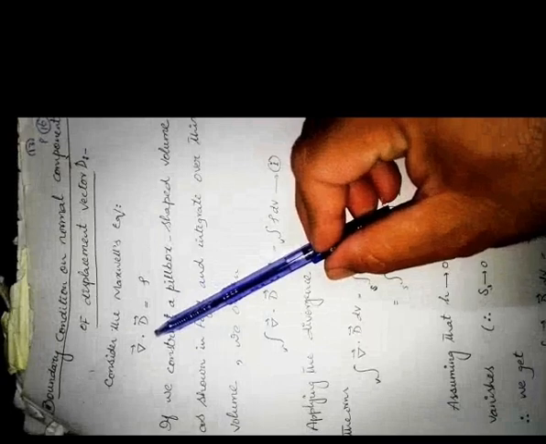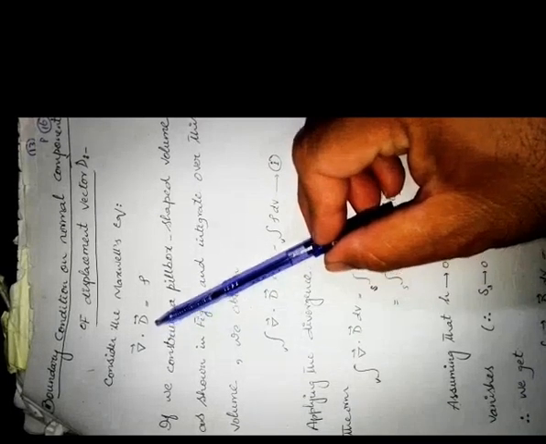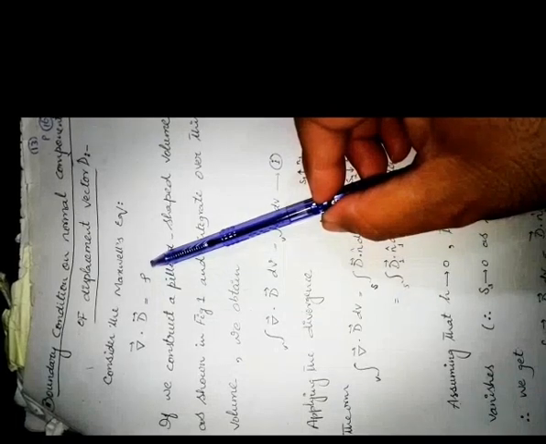Dear students, the third part of this lecture is about the displacement vector, that is, the boundary conditions for the displacement vector across the interface of two media. So as we know, one of the Maxwell's equations is del dot D equal to rho, where rho is volume charge density, D is displacement vector.